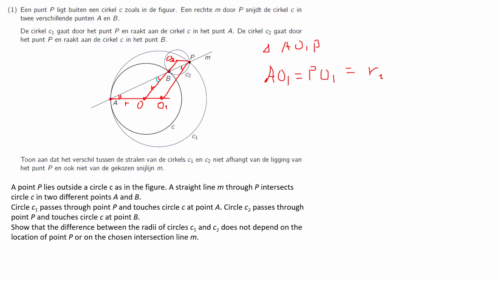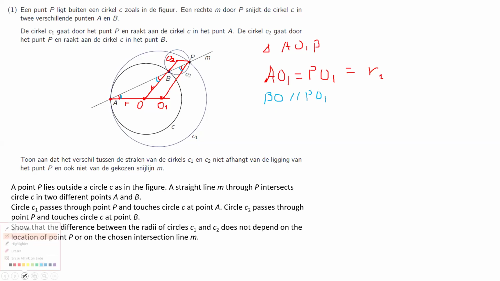The blue angle equals the blue angle because they are all equal to the angle O1AP. So from here, we can conclude that the two segments BO is parallel to PO1.